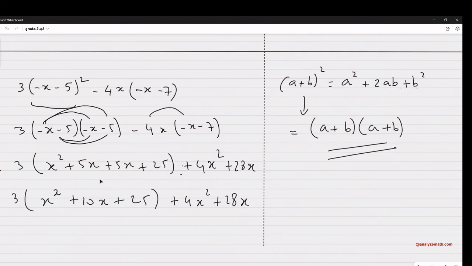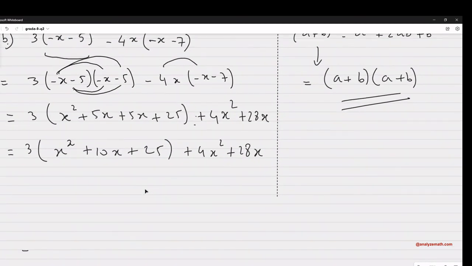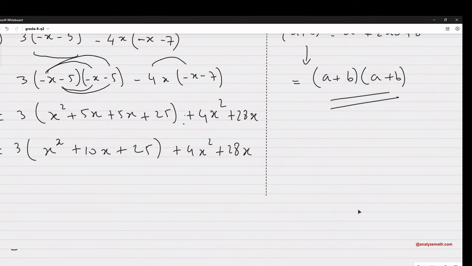The formula would give me negative x power 2, which is x², plus 2ab. If you multiply negative x by negative 5, that gives you 5x, and then you multiply by 2, 10x. And then b is minus 5, you square it, it gives you 25. So it's correct. Either way, it's correct.